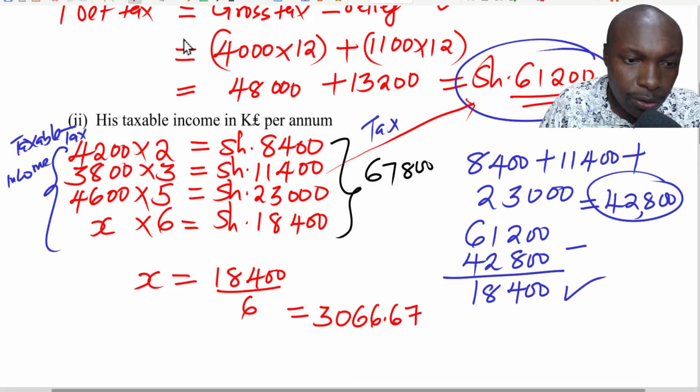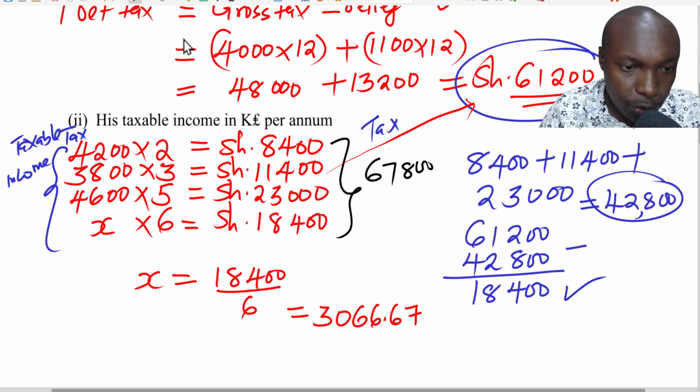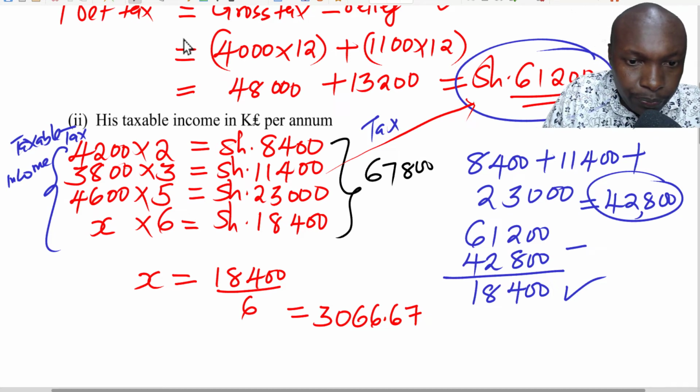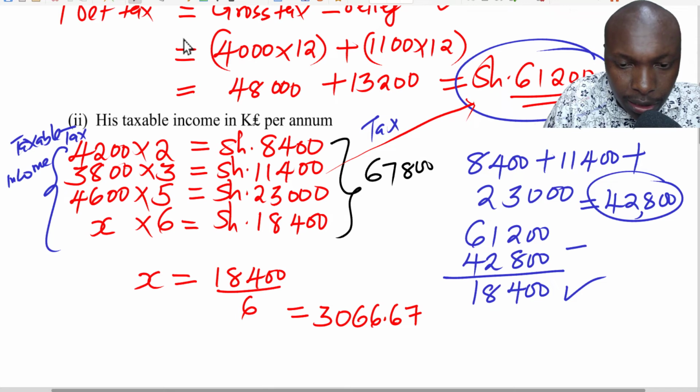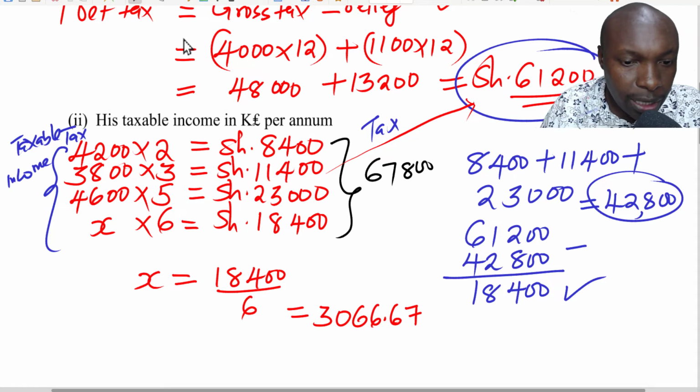That is the amount that is going to be taxed, not the whole amount in that slab, which is 4,200. So X will be 3,066.67, and the income that was taxed in order to give this tax, 61,200, is going to be obtained by adding from the first one.